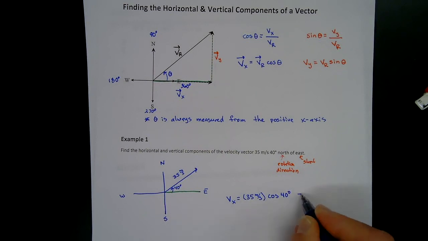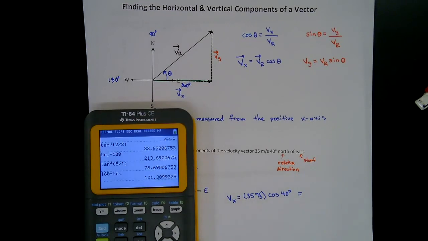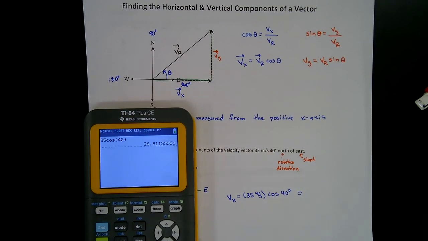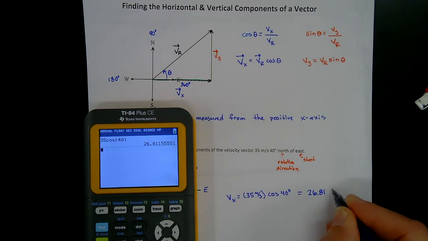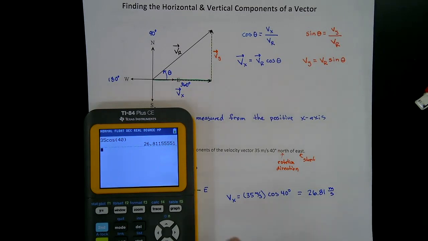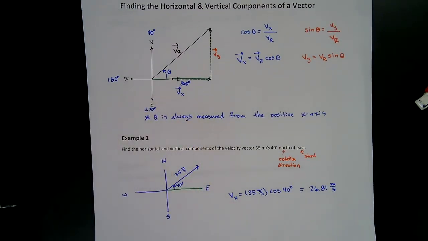Put that into the calculator, making sure we're in degree mode. Type in 35 cosine 40, and rounding to 2 decimal places, we get 26.81 meters per second.